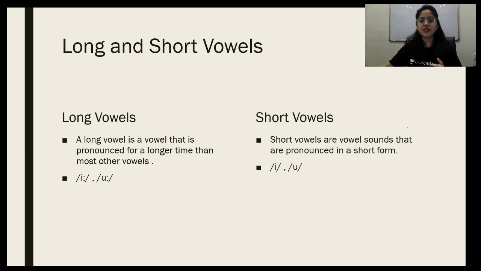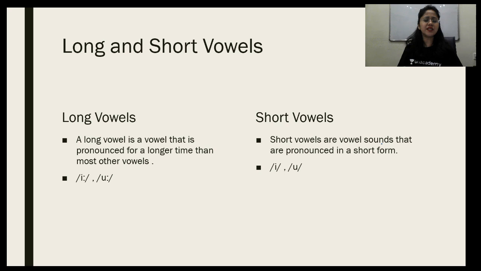And the short vowels are sounds that are pronounced in a shorter form. So if you've got E there, you've got E here. You've got U there, then you've got O here. So you can see how the short vowels and long vowels influence our pronunciation.